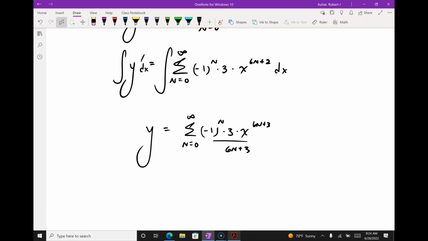Once I create a new series, I want to be careful about having nonsense terms in it, and I do not. You agree? My first term is x to the third. Next term is x to the ninth, then 15th. So no zero terms, looking pretty good.